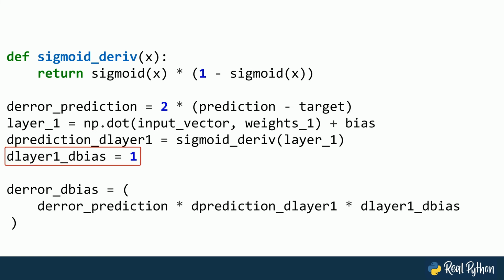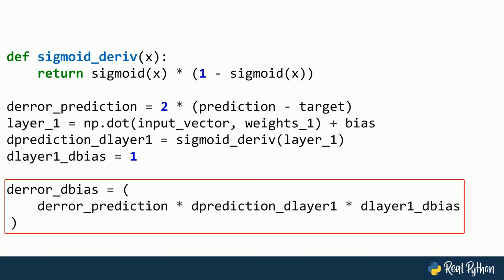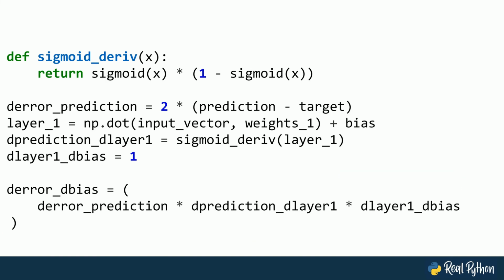And the derivative of the layer with respect to the bias is the constant 1. Multiply them together for the derivative of the error with respect to the bias, and subtract that from the bias. And of course do the same with the weights and the derivative of the error with respect to the weights. You'll implement that in the next lesson as you write a class to build a neural network.